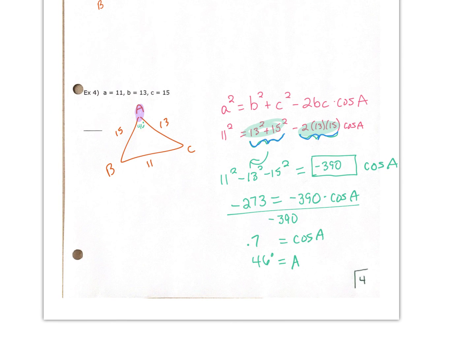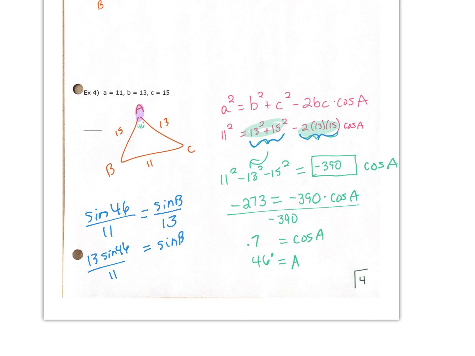All right, so from here, we can set up law of sines, right? We can say sine of 46 is to 11 as sine of B is to 13. So sine of B is equal to 13 times the sine of 46 all over 11.